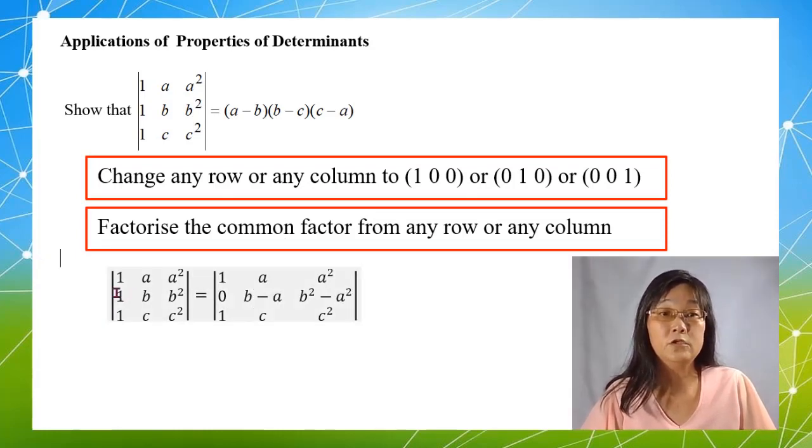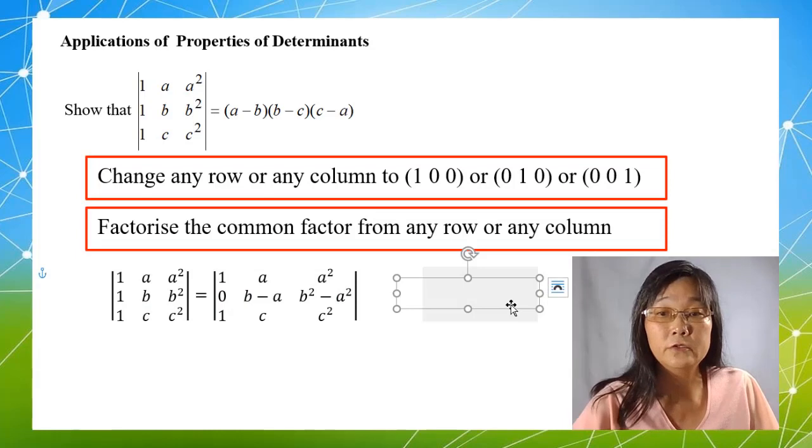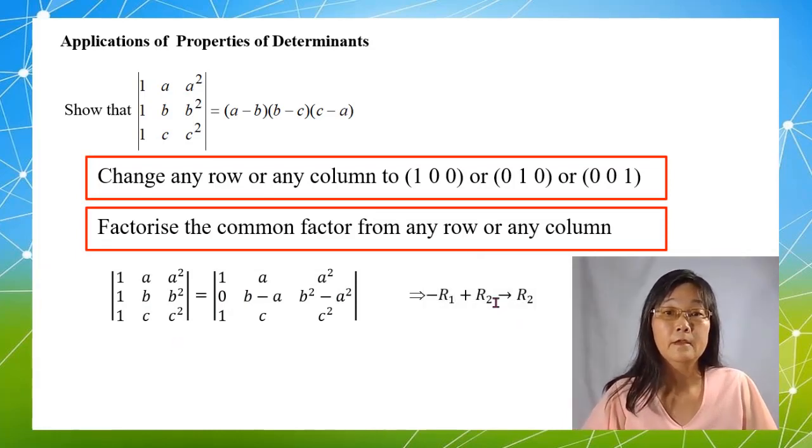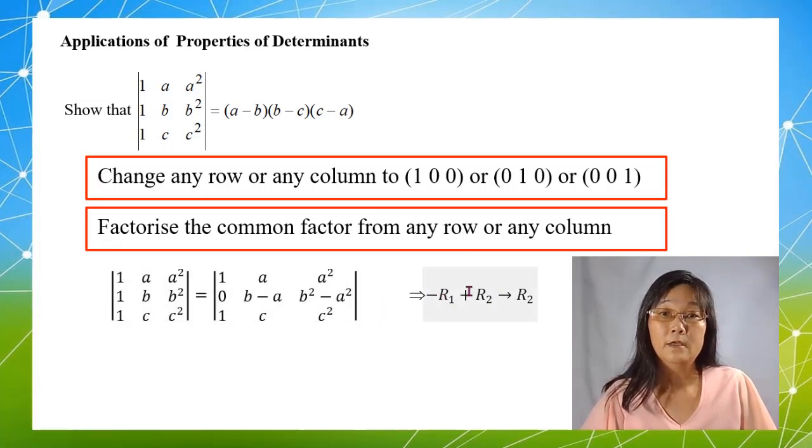First, I'm going to change the first number in the second row into 0. To do this, I'm going to multiply row 1 by negative 1, then add it into row 2. So negative 1 plus 1 is 0. Negative A plus B is B minus A. Negative A squared plus B squared is B squared minus A squared.